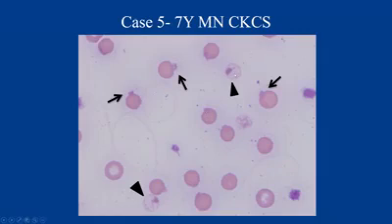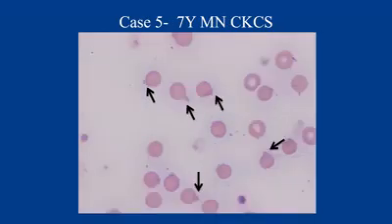The presence of ghost cells means that there's some degree of red cell hemolysis going on. And these red cells being smaller, denser, and lacking central pallor are actually spherocytes. Some of these spherocytes have Heinz bodies. So we're seeing a combination of spherocytes, Heinz bodies, and ghost cells in this patient who has a severe anemia.